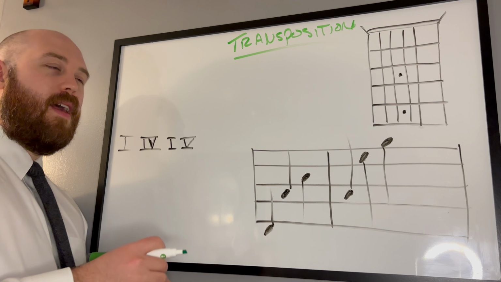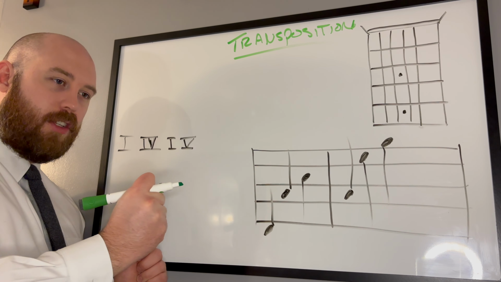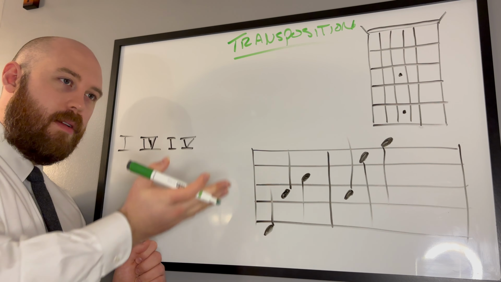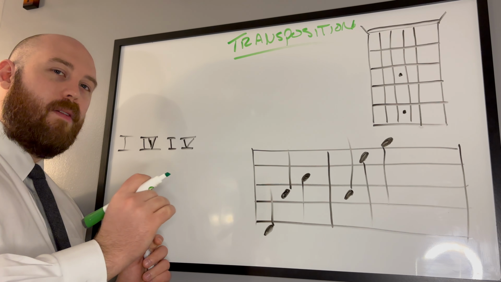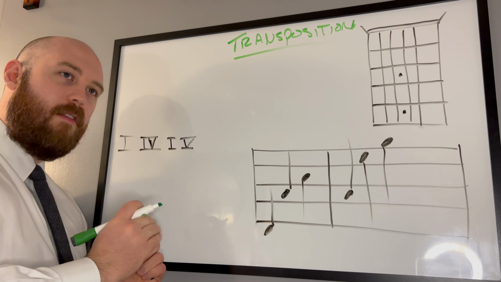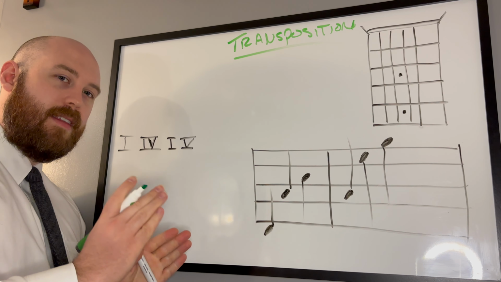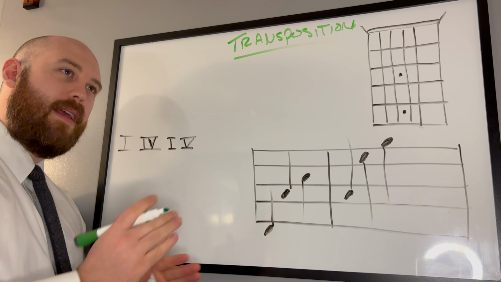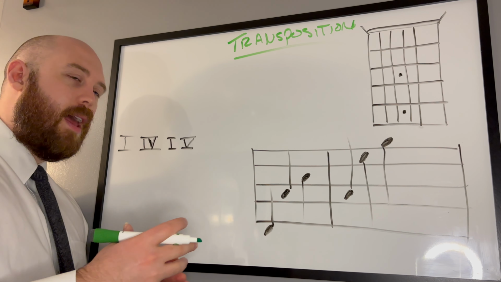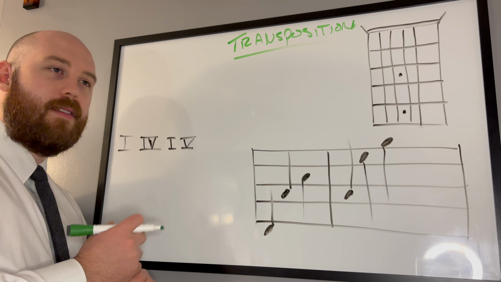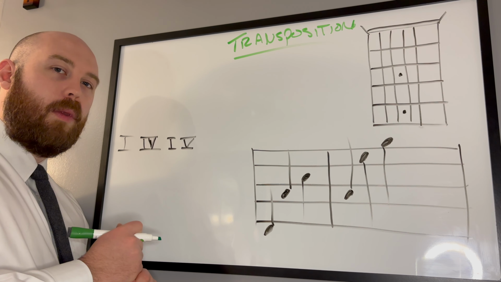You're taking the key of a song and you're moving it. While you're doing that, all of the intervals, all of the relationships between everything stays the same. So you're basically just changing the key of whatever tune, song, segment of music you're playing. Okay?